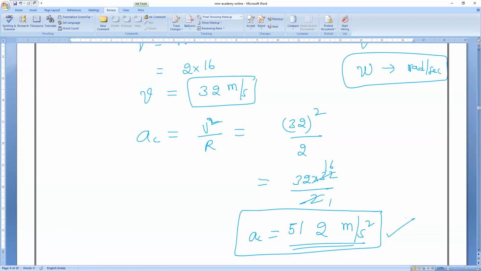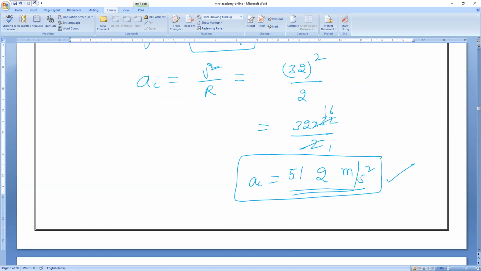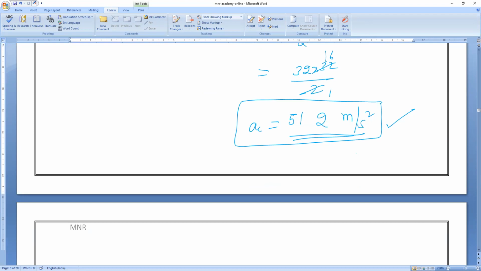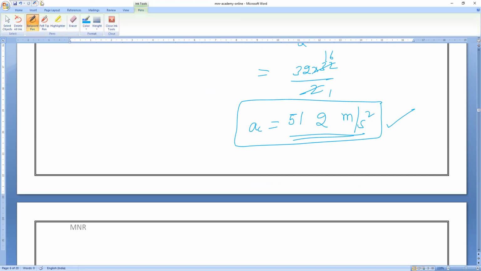I hope everybody is clear. So till here you continue. Then from tomorrow we'll see the equations of motion. In 9th class, just remember one word. Whenever we are solving, we always say at constant acceleration.